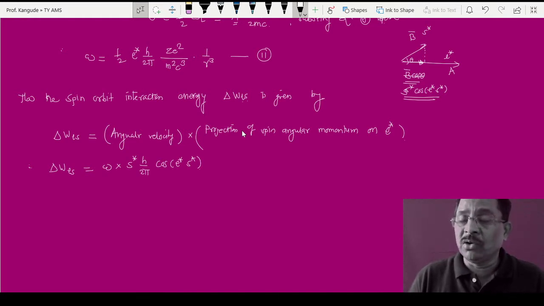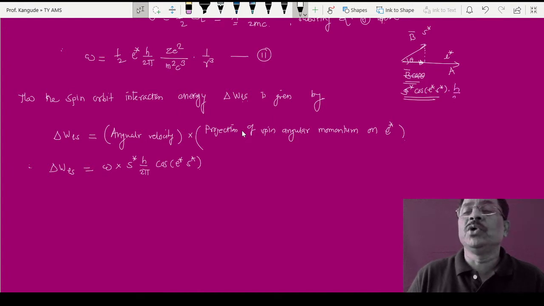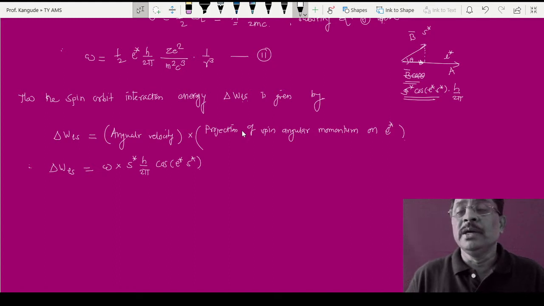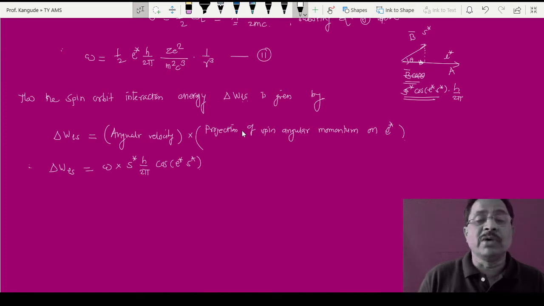We are not using any symbol there, we are directly calling it the angle between L star and S star. So the projection of S star on L star is given by S star cosine of L star S star into h upon twice pi, that is the basic unit of the angular momentum. This is my one relation, call it equation number 12.